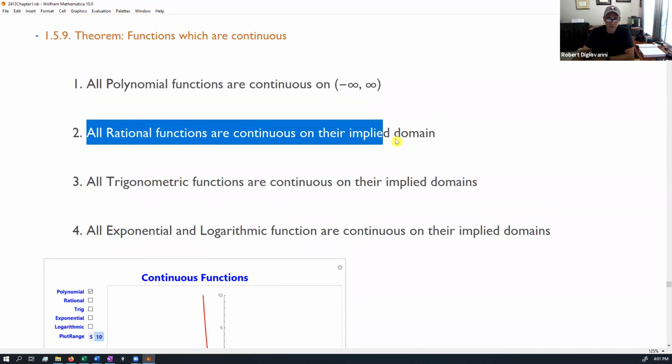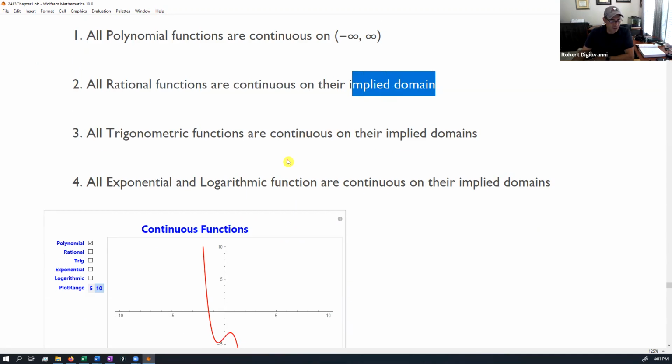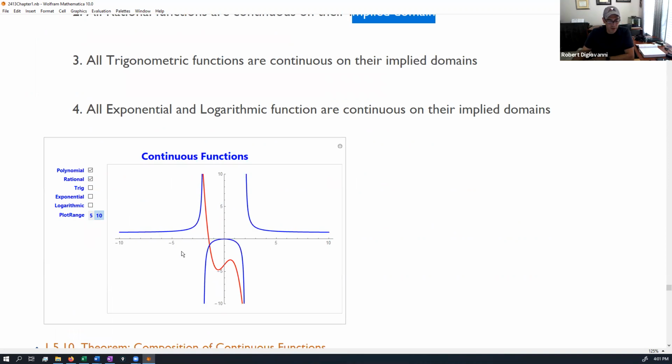Rational functions are continuous, but only on their implied domain. So let me show you a picture of a rational function. Here's a rational function. Rational functions have vertical asymptotes. So anywhere the function is defined, which would mean in these blue areas, anytime you can draw, it's continuous.